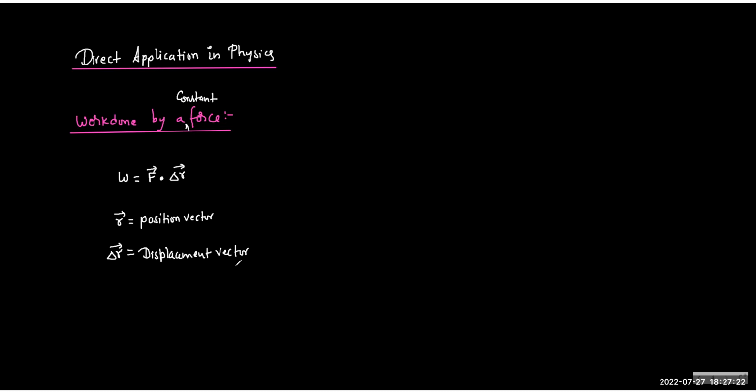Because the displacement is a vector, the definition must be a vector. So let me define the displacement vector here. The symbol is delta r because we don't have any other symbol.